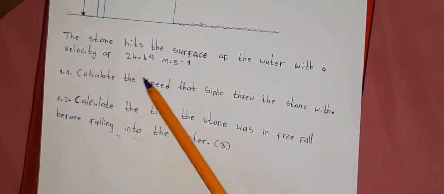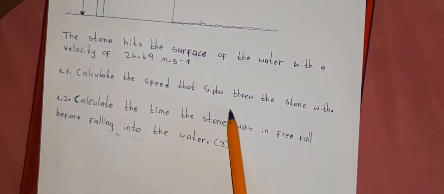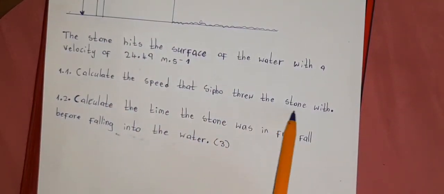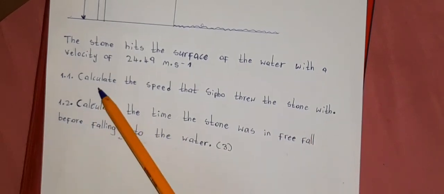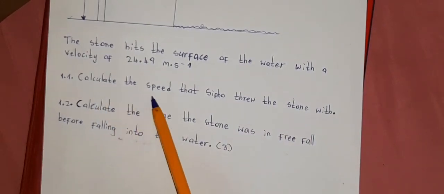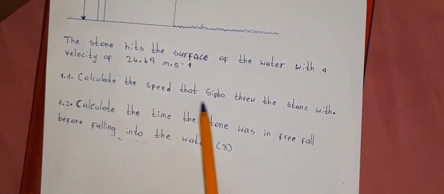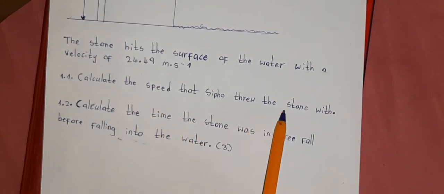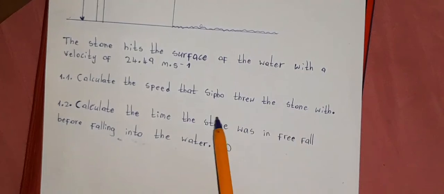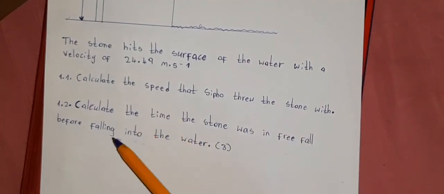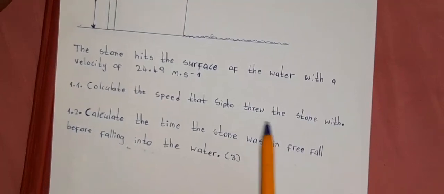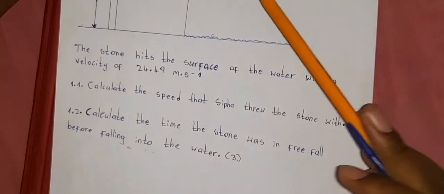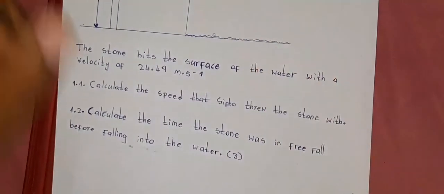They say calculate the speed that the stone was thrown with, or the speed that Sipho threw the stone with, in other words. So we are looking for the initial speed of this stone.